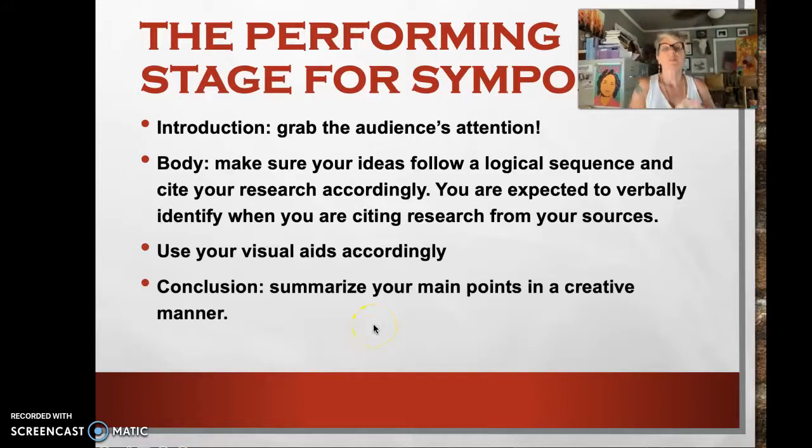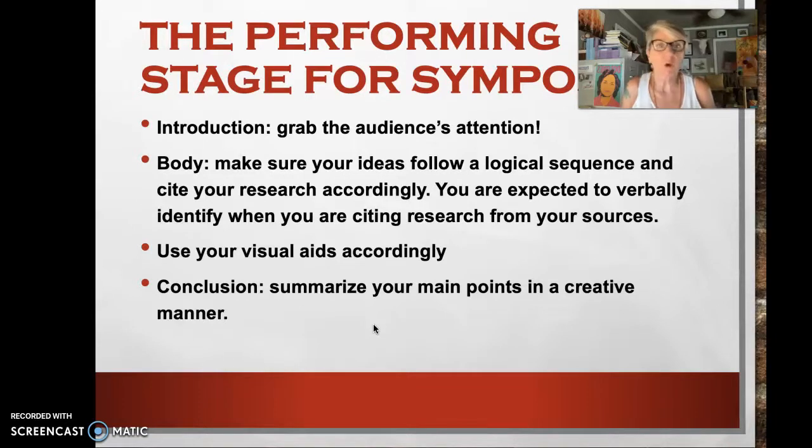And finally, you should have both an introduction and conclusion. So even if you've broken it up into 4 different parts and you have 4 group members, you still need to have an introduction, not just to grab our attention, but to tell us what you are going to talk about.